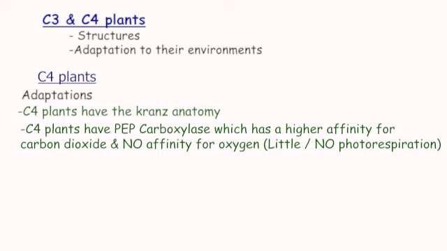So it somehow diffuses all the way to the bundle sheath cells, and a small fraction of this oxygen binds to Rubisco. But due to the high concentration of carbon dioxide, the oxygen is outcompeted by carbon dioxide for the active sites in Rubisco. So some photorespiration still occurs, but it will be almost negligible and does not affect photosynthesis.